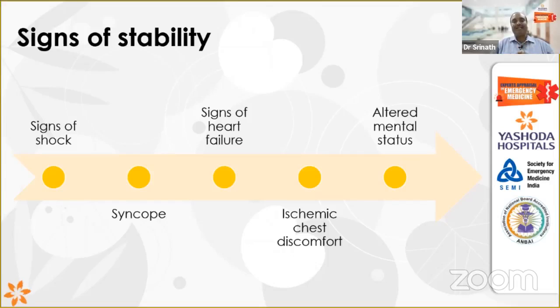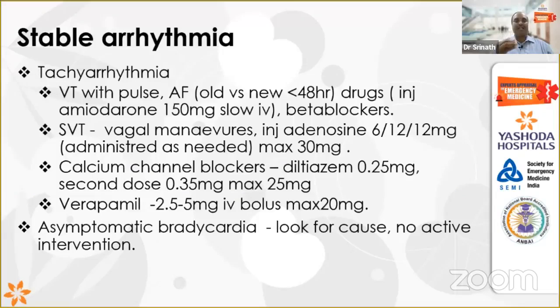And then supraventricular tachycardia, the first line of management, we all know, is vagal maneuver, followed by you see whether the rhythm has changed or not, and then adenosine, 6 mg, 12 mg, 12 mg, and immediately you have to flush with normal saline. The maximum amount of adenosine is 30 mg. Don't try beyond that. If it is not responding to it, then go with your calcium channel blockers, that is diltiazem, 0.25 milligrams, followed by a second dose of 0.35 milligrams, or if that is also not acting, then you can use verapamil.